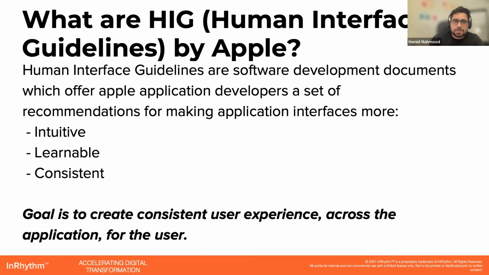The end goal for keeping HIGs in mind before having your implementations done is to give your users, customers, a consistent experience across your platform, whether it's a MacBook-based application, iOS-based application, or even watchOS or tvOS.